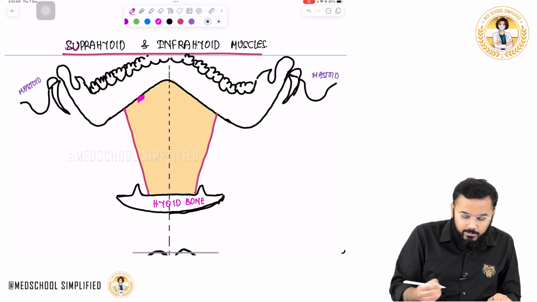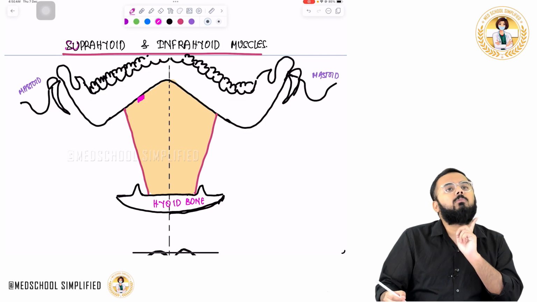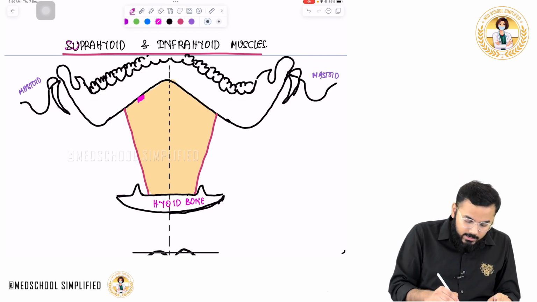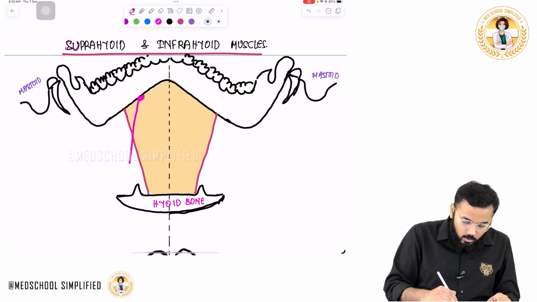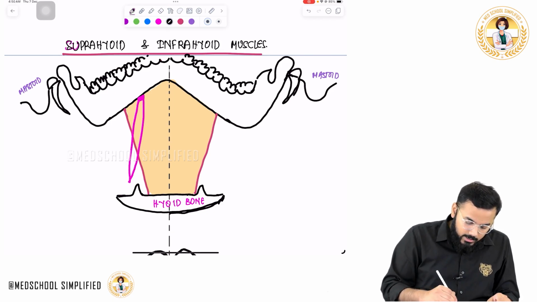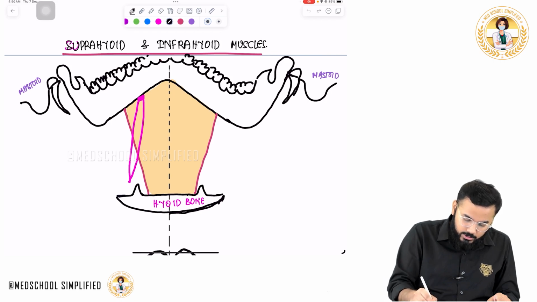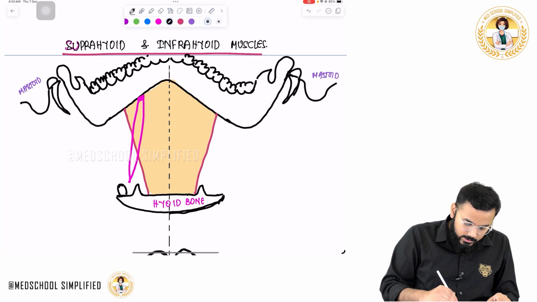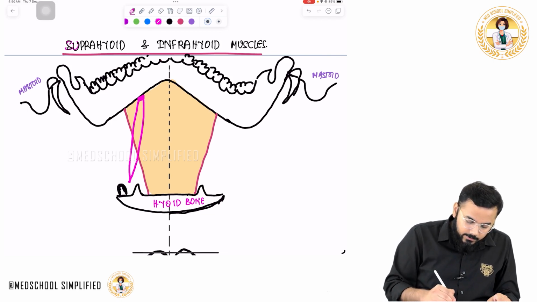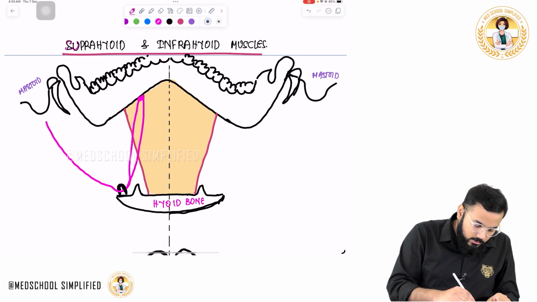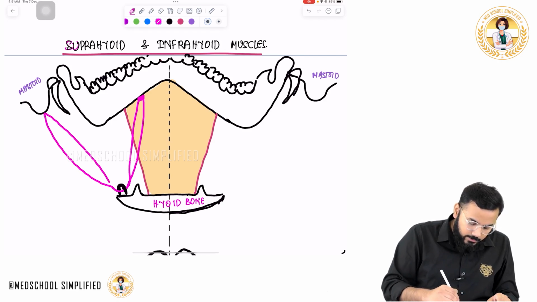All the way down from the inferior border of your mandible, this muscle comes down till the hyoid bone. And what is this muscle doing? Let us say there is a hook-like structure. This muscle is passing through this hook and coming out, and there is another process of the muscle that is going and attaching here.